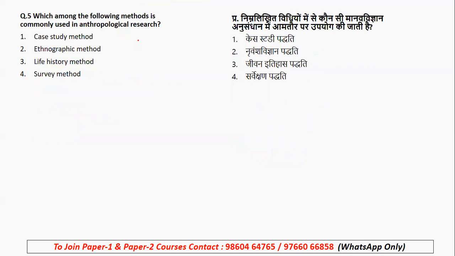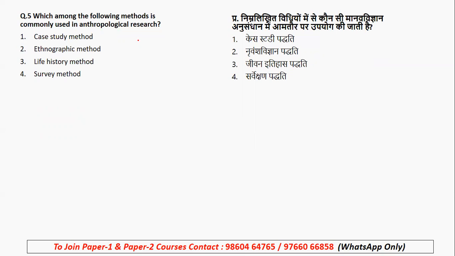Now question number 5 is: which of the following methods is commonly used in anthropological research? We are talking about anthropological research, which means research about human societies or cultures.